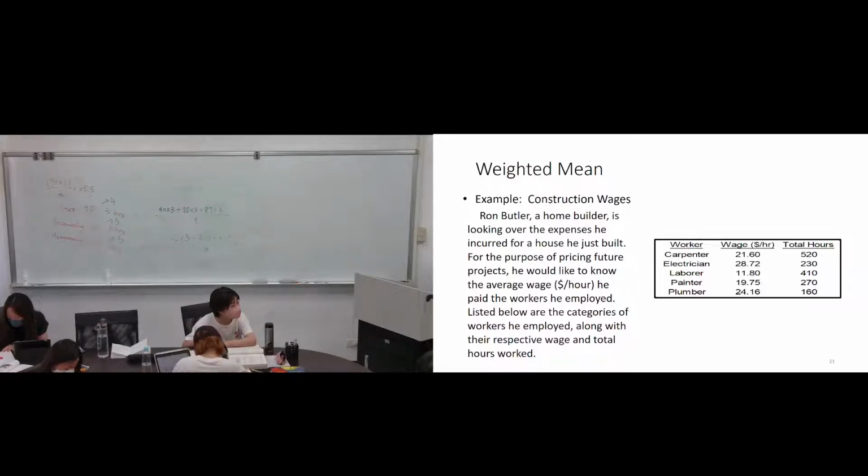For the purpose of pricing future projects, he would like to know the average hourly wage he paid the workers he employed. On the right, here are the categories of workers Ron employed along with their respective wage and total hours worked.